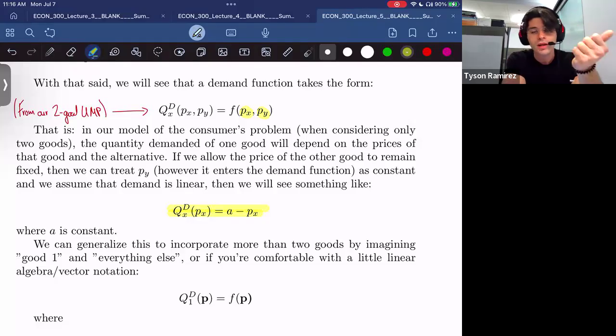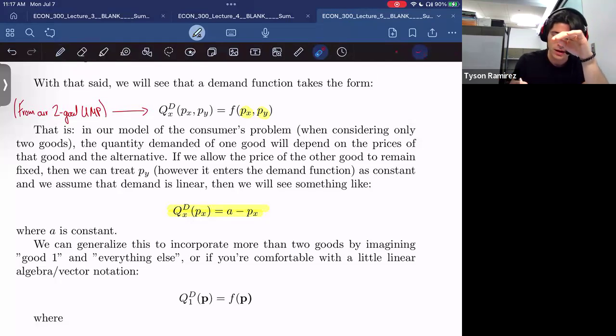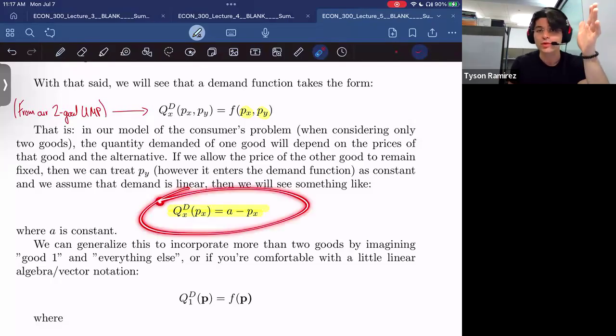We see a quantity demanded is a function that depends inversely on the price of the good. So as the price goes up, quantity demanded goes down. And that's how we arrive at what we saw in principles of micro.